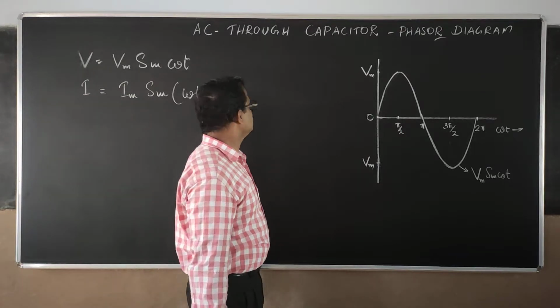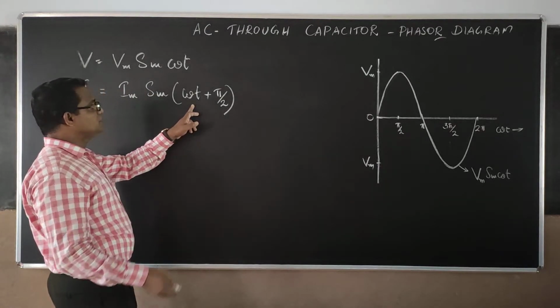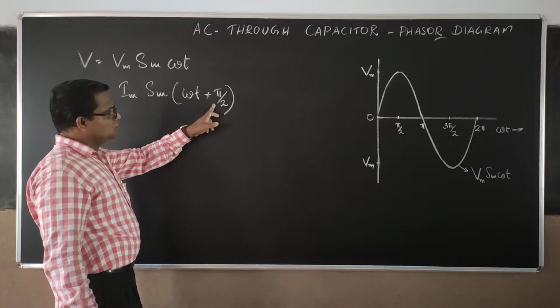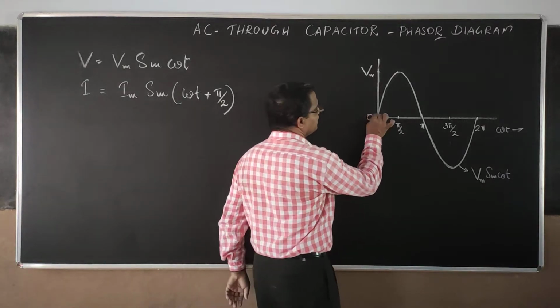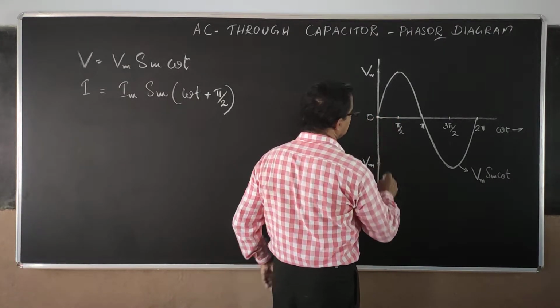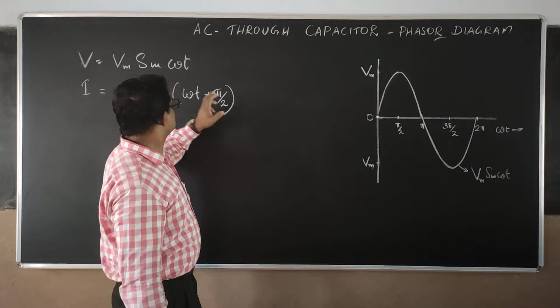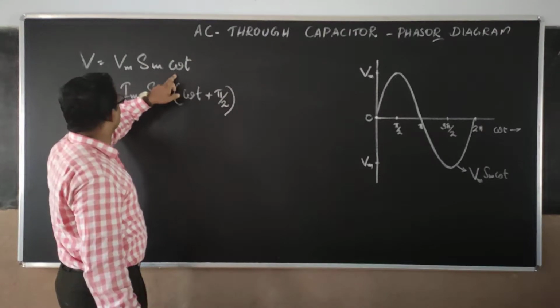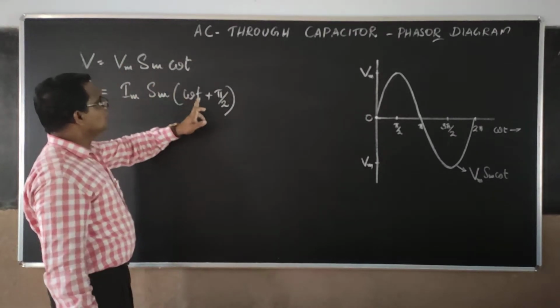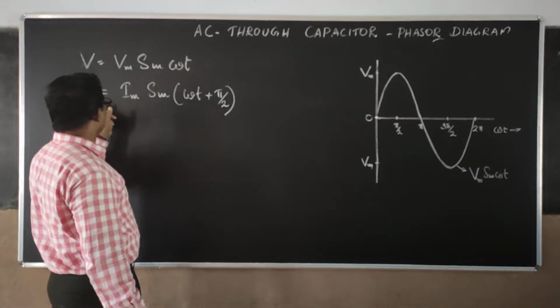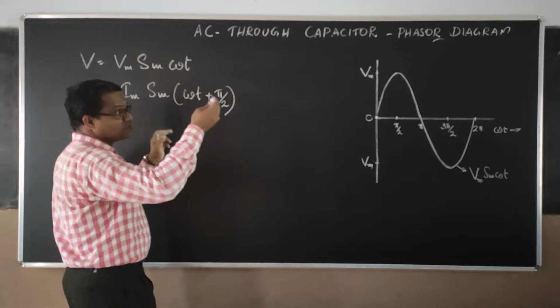At the same time, the current leads the voltage by pi by 2. So when it leads the voltage by pi by 2, when the voltage is 0, the current will be maximum. Means when omega t is 0, V is 0. When omega t is 0, I equal to Im on the positive side.